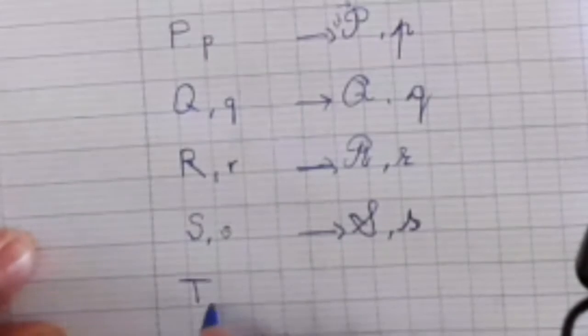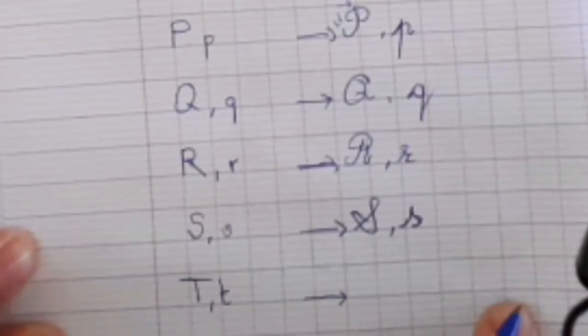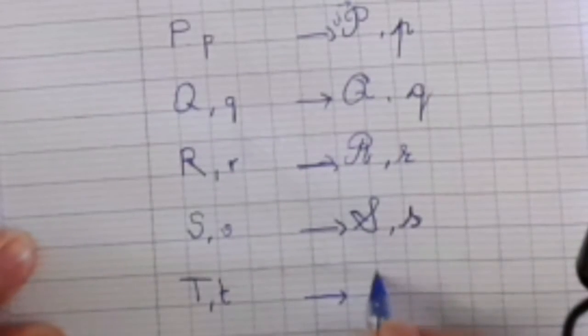Okay, T now. T is like that and like that. Then this is the non-cursive form. The cursive form is like that. We drew a line from up to down.